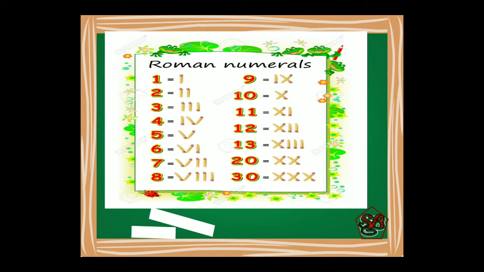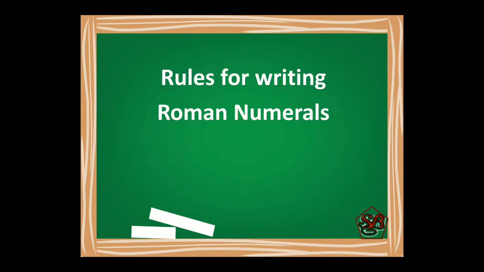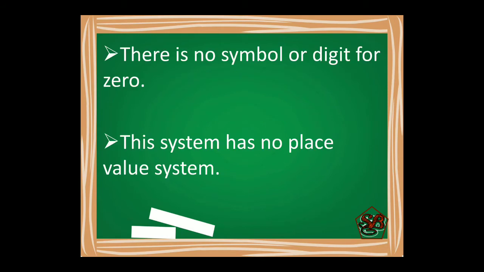Now, how did we reach these symbols? To know this, we need to know the rules to form the Roman numerals. The first and foremost thing is that there is no symbol for the 0 digit in Roman numerals.